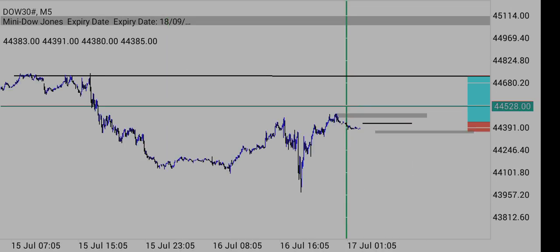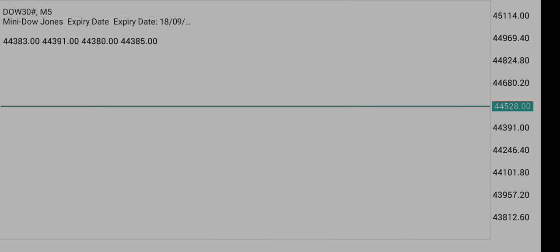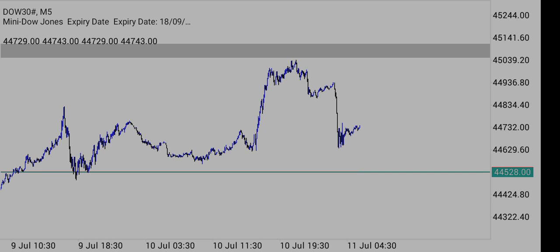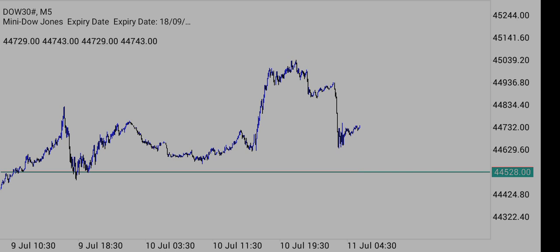When you backtest, you will understand how price works in different sessions. So go and backtest at your own risk if you're going live with this trade. And I prefer to first do these things on a demo to master your edge.